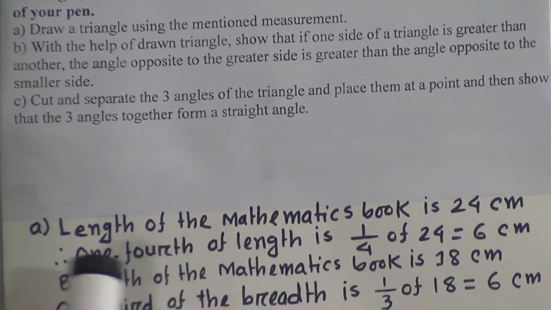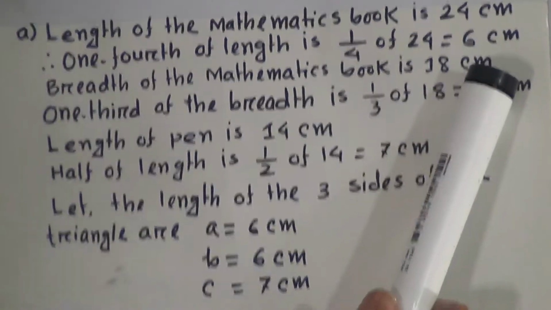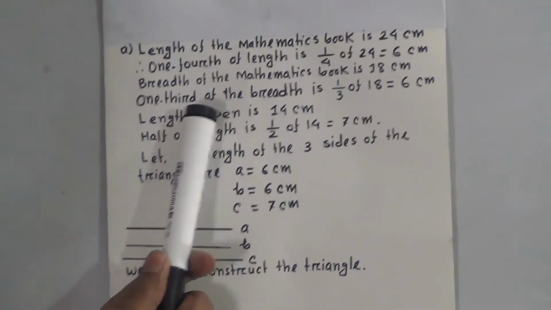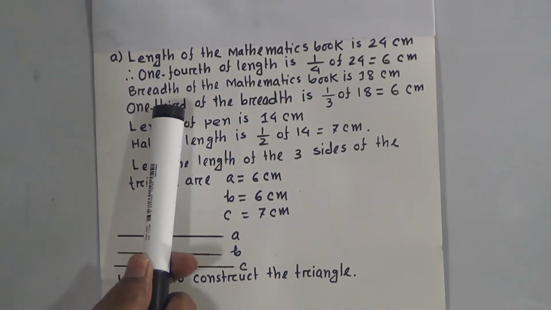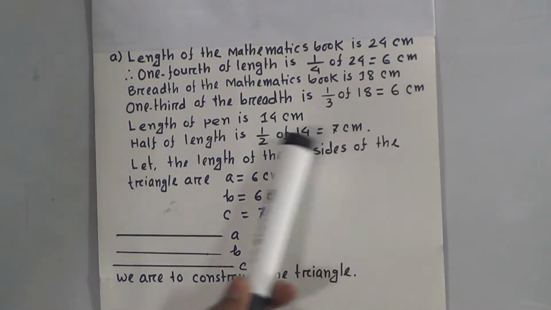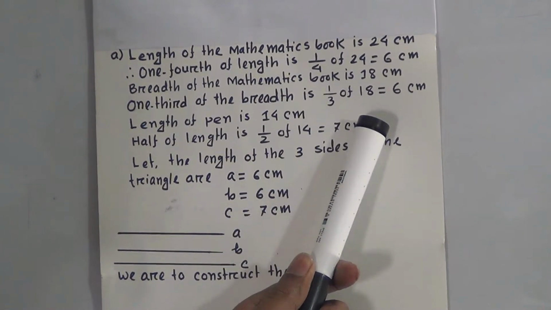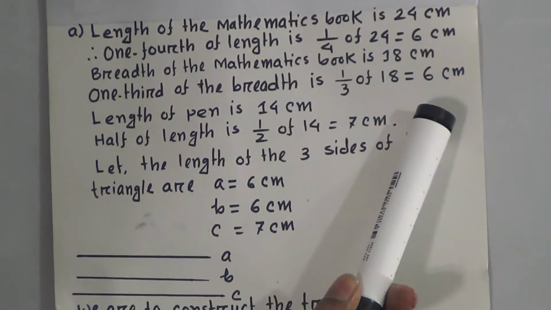Okay, and 1/4 of length is 1/4 of 24, that means 6 cm. Similarly, breadth or width of the mathematics book is 18 centimeter. And 1/3 of the breadth is 1/3 of 18, that means 6 centimeter.